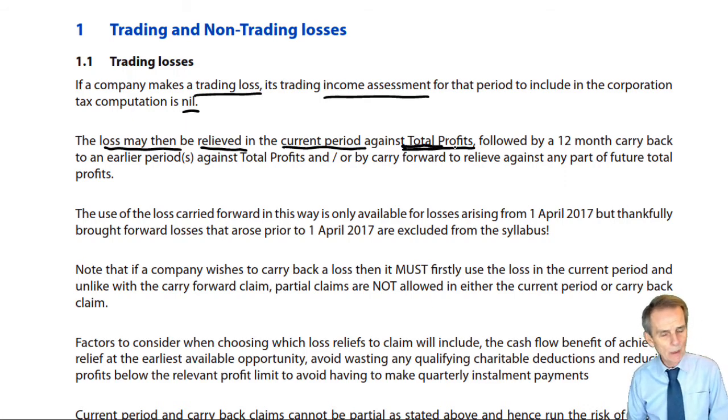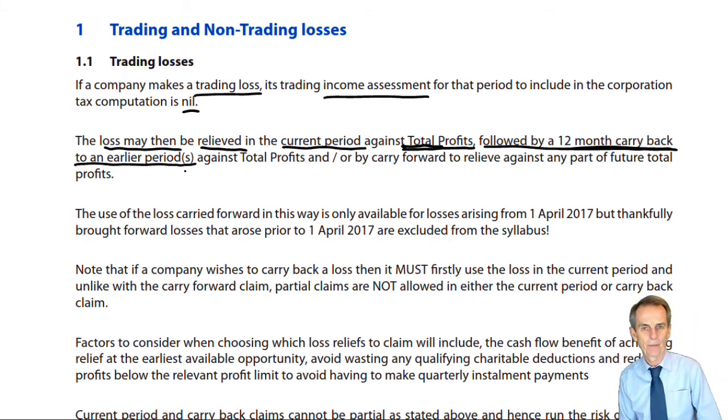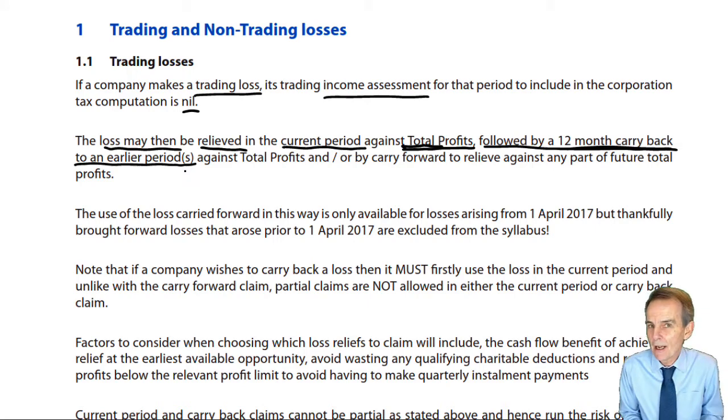If and only if we make that claim, it may then be followed by a 12-month carry back to, as we say here, an earlier period or periods. Now, normally it would be an earlier period. We would usually expect a company to be regularly preparing its accounts to a specific year end.